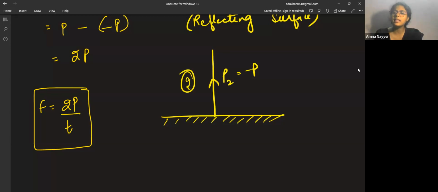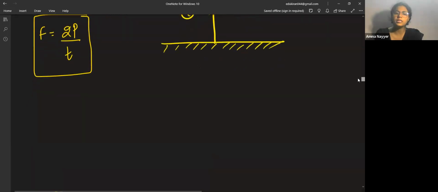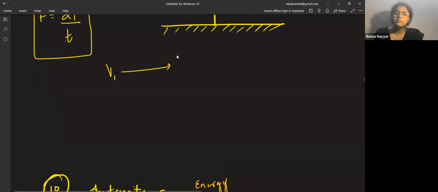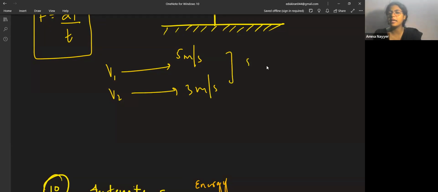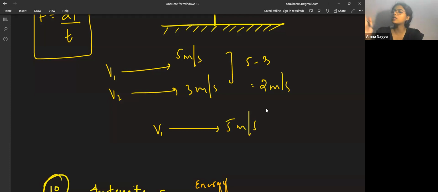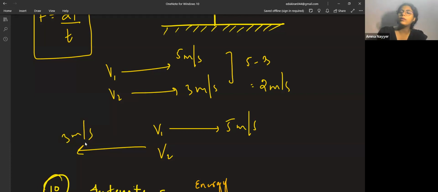See, this is like the concept of relative velocity. Our vehicle was moving, the first speed was 5 meters per second. V2 was moving with a speed of 3 meters per second. Both are in the same direction. Then what will be the relative velocity between them? 5 minus 3 or 3 minus 5, depending, the magnitude will be 2 meters per second, right? But if V1 is along this direction with velocity 5 meters per second, and another car is in the exactly opposite direction with velocity 3 meters per second, will you take it as 5 minus 3?